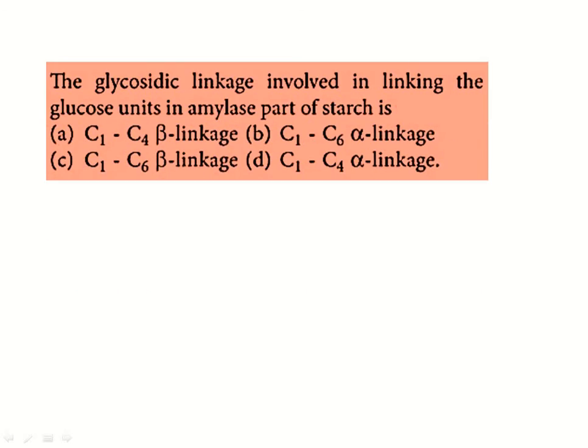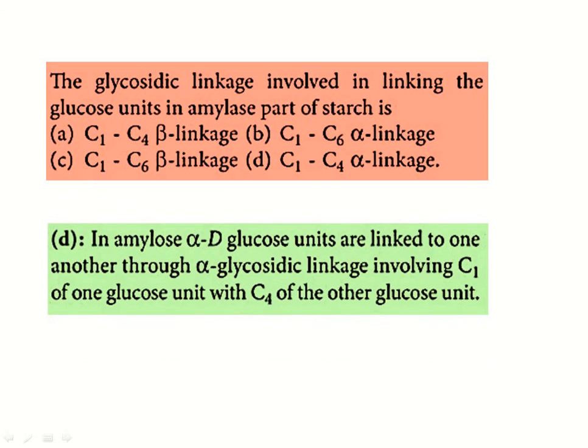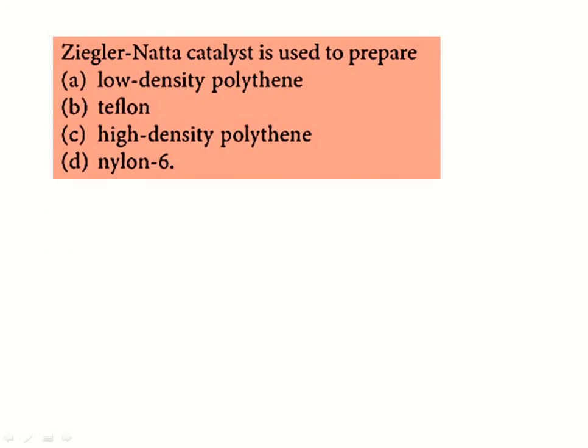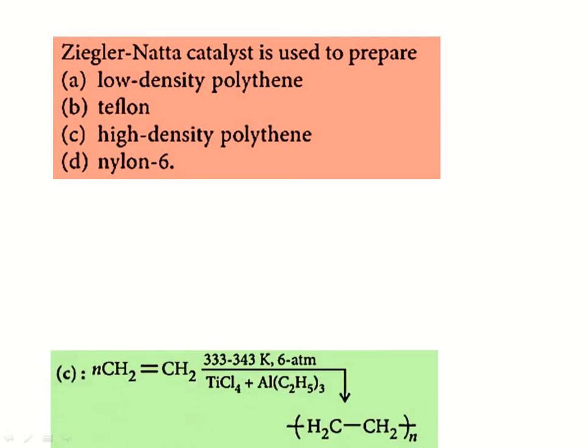Next question. The glycosidic linkage involved in the linking of glucose units in the amylose part of starch is a C1-C4 linkage. Next question. Ziegler-Natta catalyst is used to prepare LDPE, Teflon, HDPE, or nylon 6.